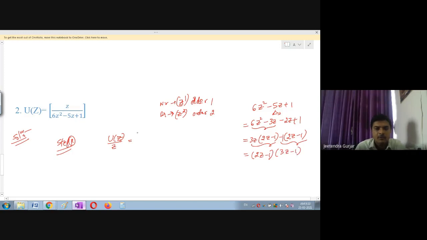Therefore, I will write this term, that is 1 divided by 2z minus 1 into 3z minus 1, which is equal to A divided by 2z minus 1 plus B divided by 3z minus 1, student. So like this you have to simplify this.